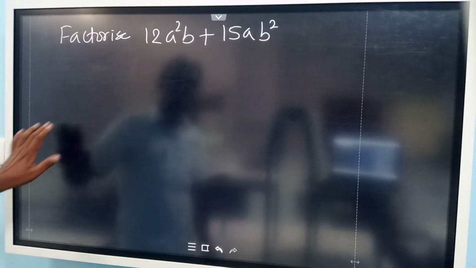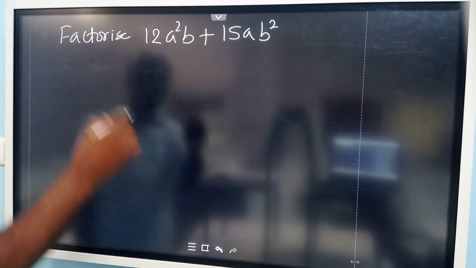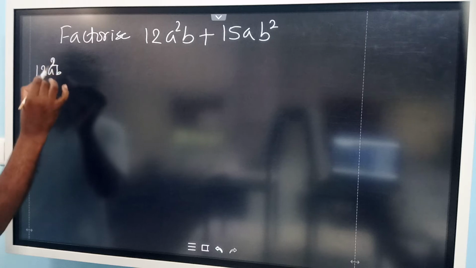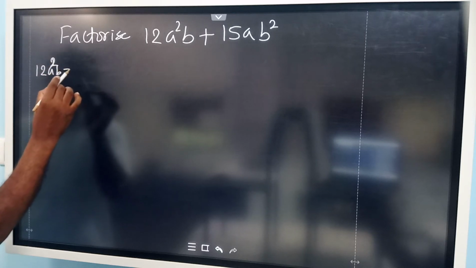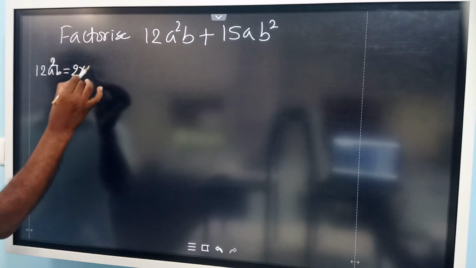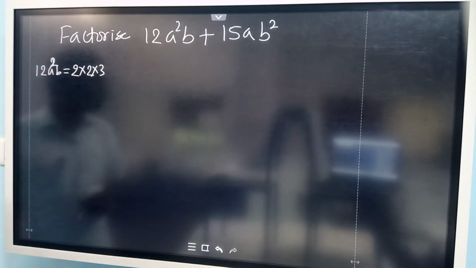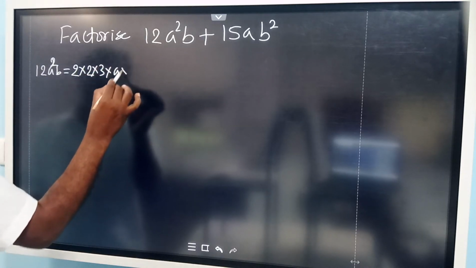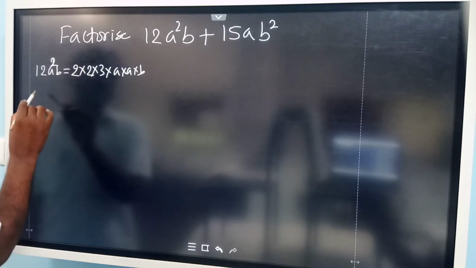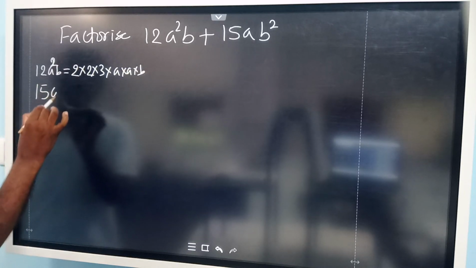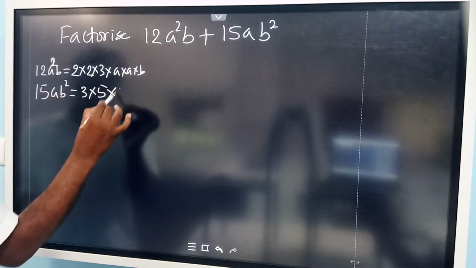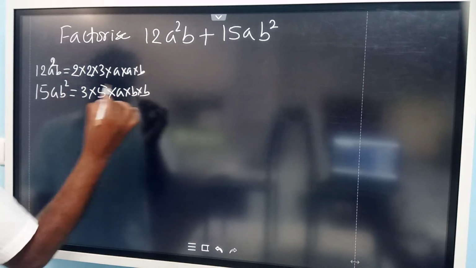So again we have two terms in this expression, 12a square b. How to factor this in irreducible form? 2 into 2 into 3, that is 12, then a square is a into a, into b. Then 15ab square can be written as 3 into 5 into a into b into b.